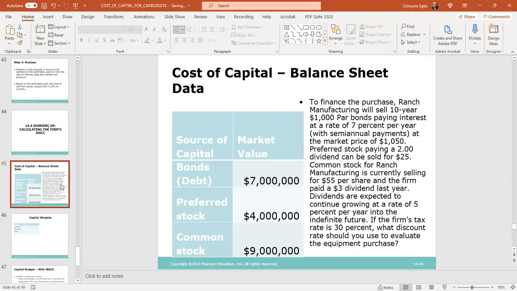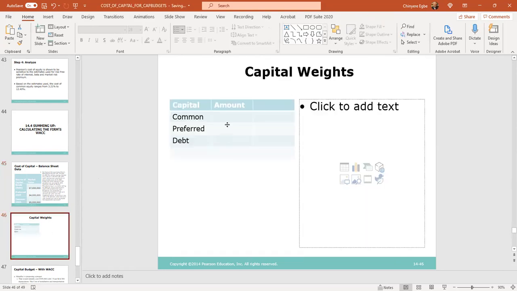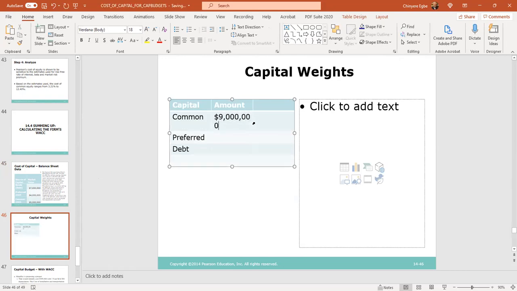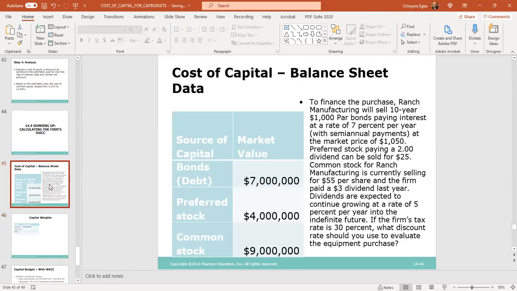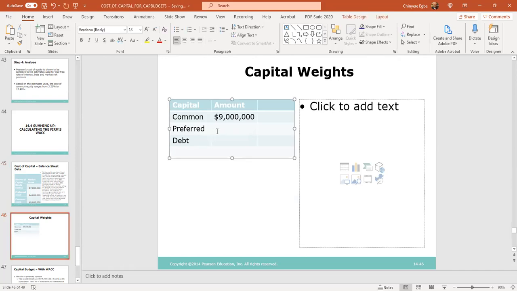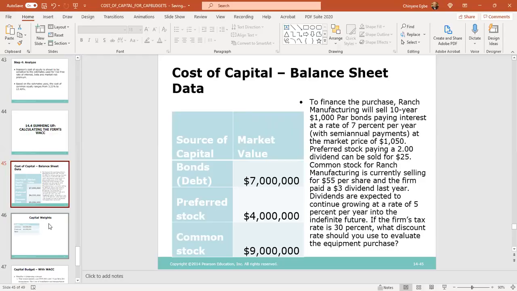And what we have here, common is 9 million, and preferred is 4 million, and debt is 7 million.